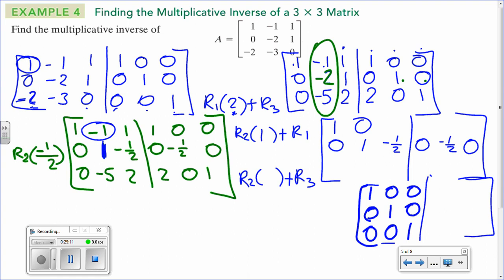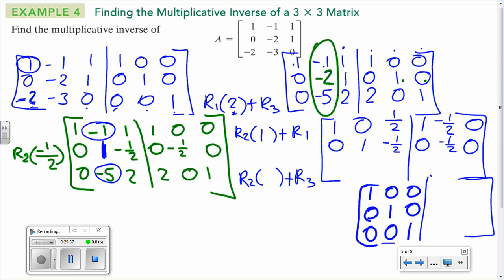No, we were adding. 1 plus 0, 1. Then 0 plus negative 1/2, negative 1/2. And then 0 plus 0, 0. Okay.